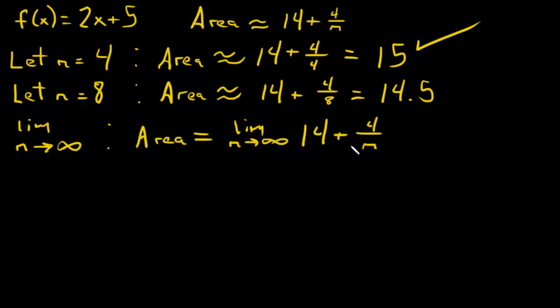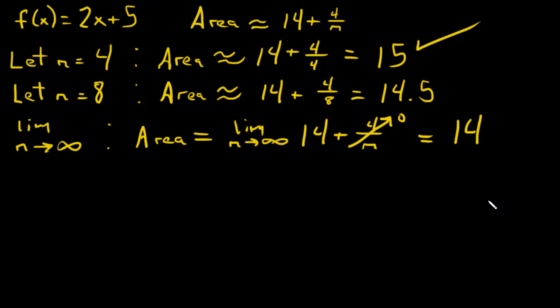Well, that limit, I can evaluate it right off. That goes to 0. The actual area is 14. Boom. Not bad. So if I did an infinite number of rectangles and added all the little areas up, I would get 14 as my limit. Pretty cool. I like that.